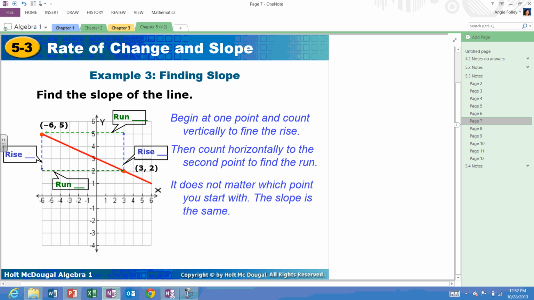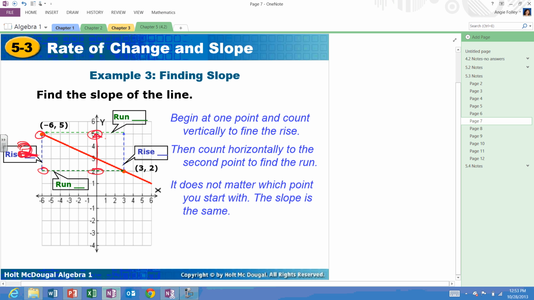So we're going to find the slope of this line. Now again, our slope is equal to our rise over our run. Well, our rise, we're going to look at our rise. From this point up to here, we're going from y is 2 up to y is 5, so that's a rise of 3.